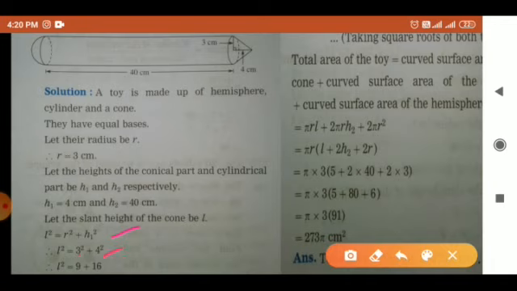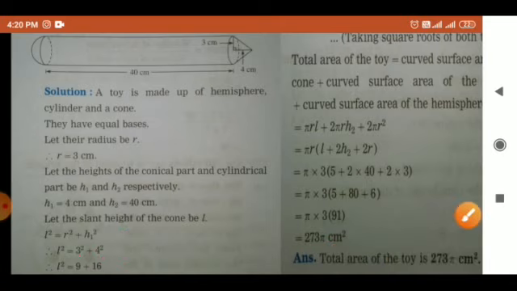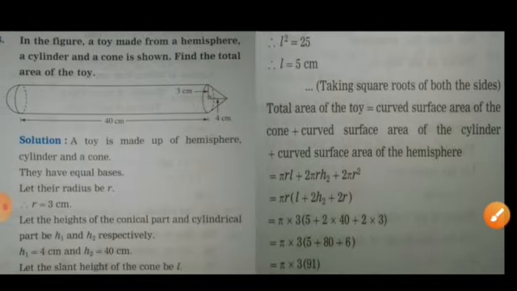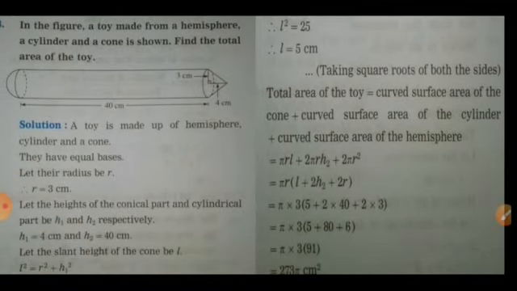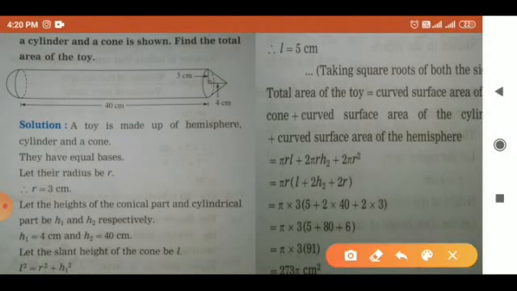Both the values we have: 3 square, 4 square. So we will get 9 plus 16. So l square will be equal to 25. By taking the square root we will get l as 5. So the value of l is 5 now.